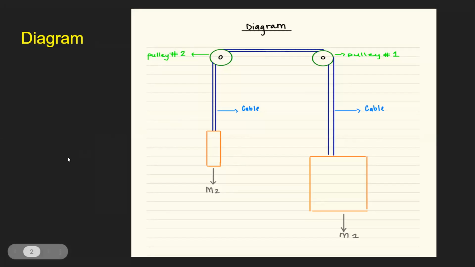So this is our diagram. As you can see, we have 2 pulleys, 2 cables, and 2 different masses. Basically, this elevator pulley system is kind of like a robot example when a motor shuts off and you're just relying on the pulleys to move the elevator.